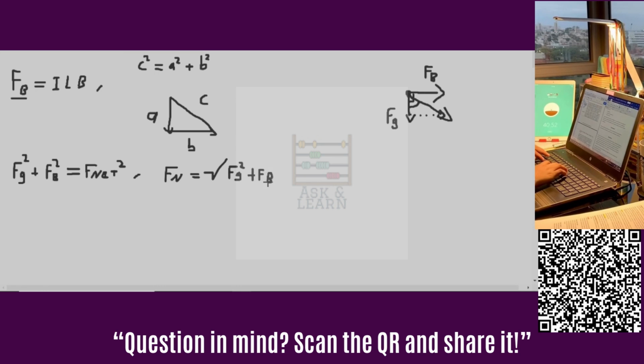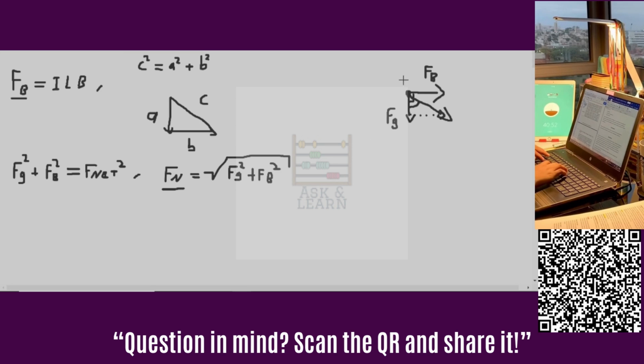And we found both F sub G and F sub B, so this is simply plugging in those answers that we found earlier, squaring them, adding them, and then taking the square root. And that gives you this net force here. So we have the net force.